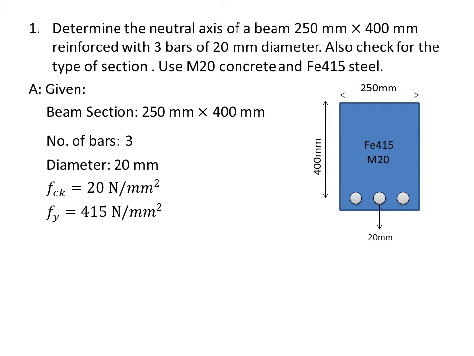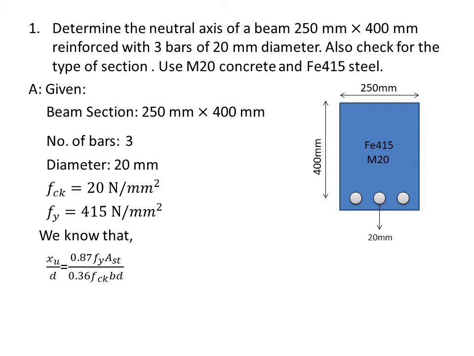M20 means the value 20, and 415 is the characteristic strength of the particular material used. For concrete the characteristic strength is denoted as FCK, FCK is equal to 20 Newton per millimeter square, and for steel it is Fy, 415 Newton per millimeter square.